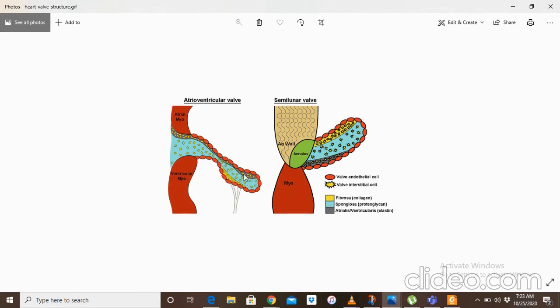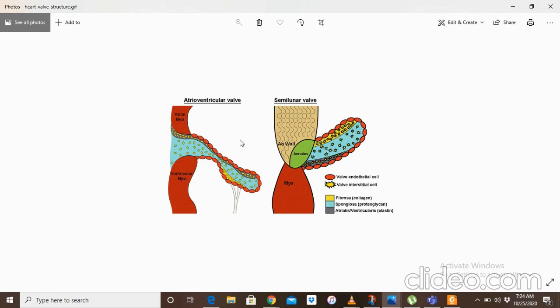Here in this case, this atrialis or ventricularis layer is called atrialis, not ventricularis, because it is facing the atrium, not the ventricle. Okay, so here this is the atria, this is the ventricle. Blood first comes into the atrium, then it goes to the ventricle.